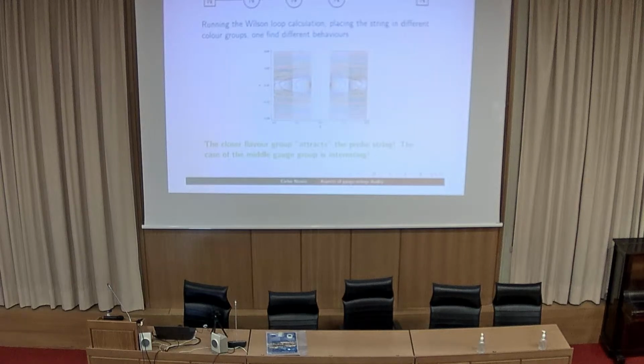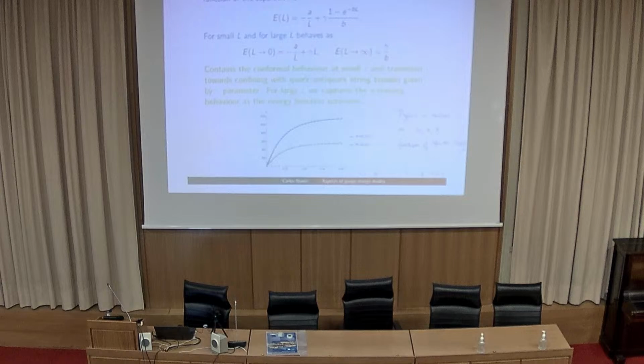From all these numerical experiments, we are able to concentrate into one very simple formula the energy of the quark-antiquark pair in terms of their separation, using three parameters, A, gamma, and B. By the way, this formula is fit by all the numerical experiments with high precision.